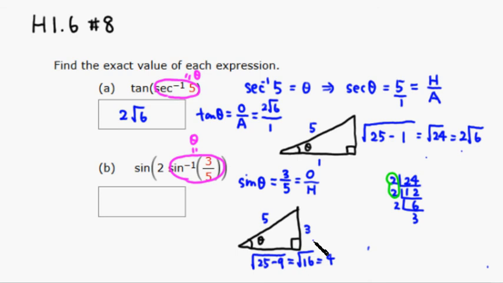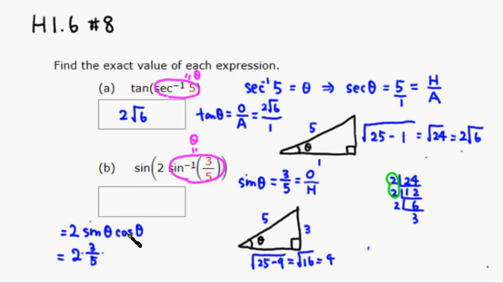Alright, so we're looking for sine of 2 theta, but we can use one of the trig identities. Sine of 2 theta is the same as 2 times sine of theta times cosine of theta. So it's 2 times sine of theta, which we already know is 3/5.